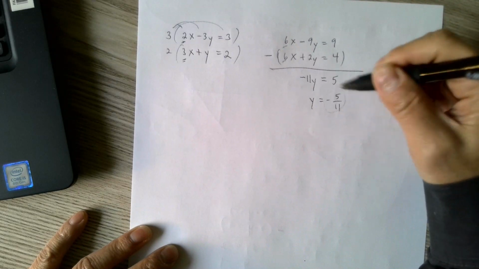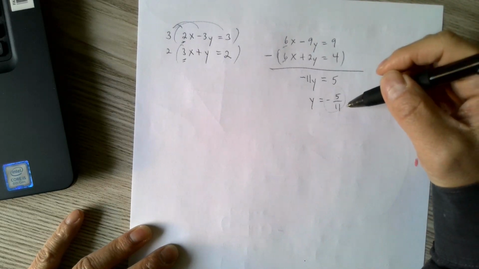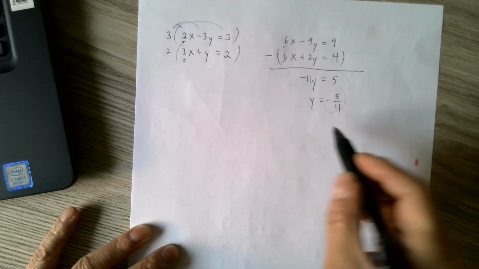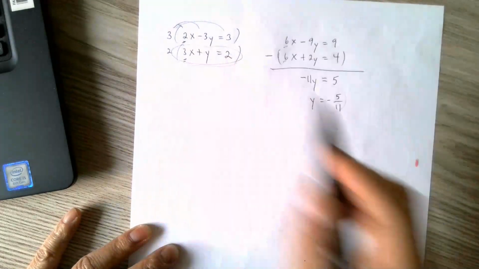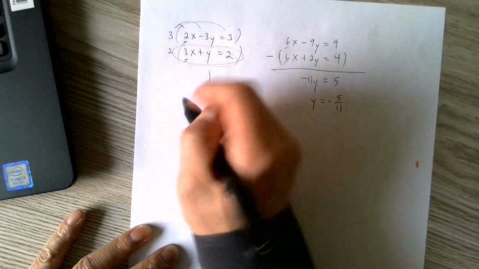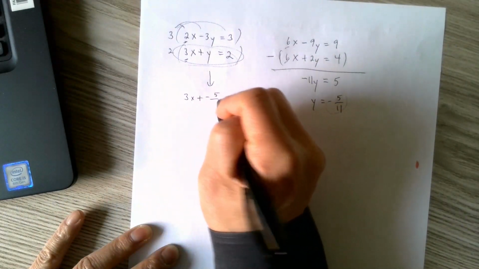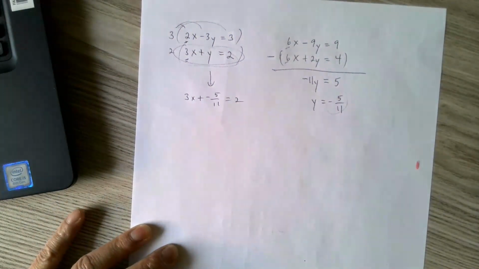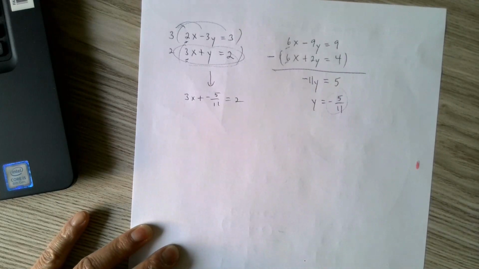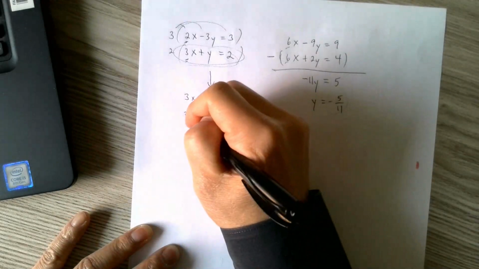Okay, now I'm going to take my negative 5 11ths and plug it in one of my equations. I'm going to plug it in here. And multiply by 11 to get rid of the fraction.